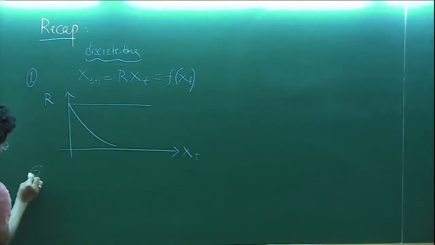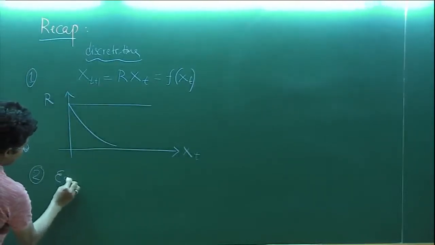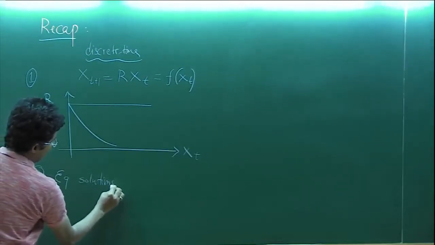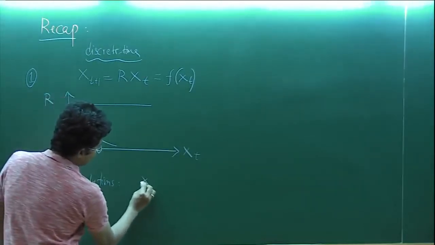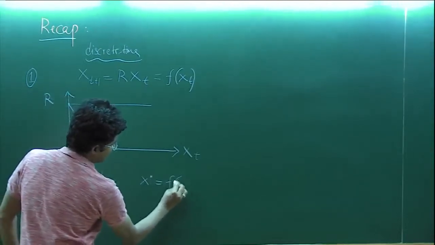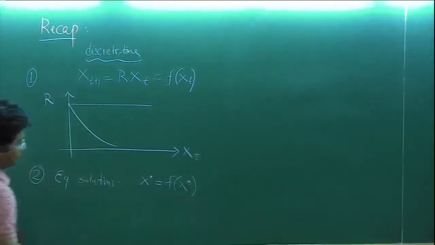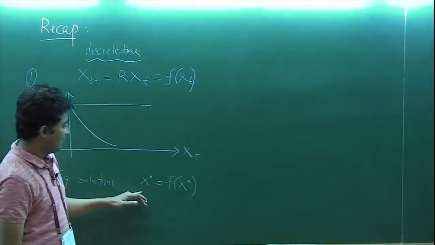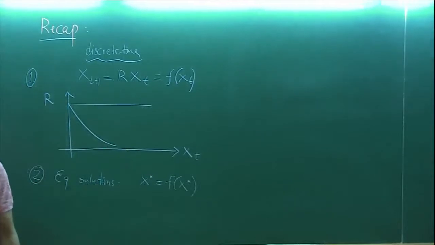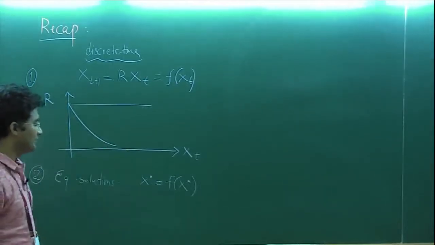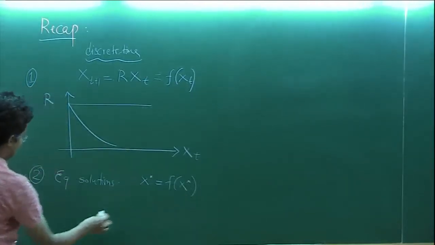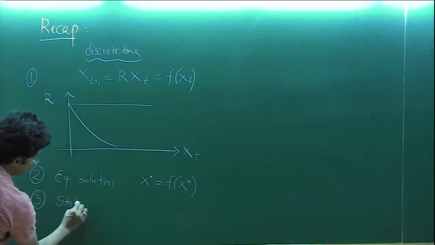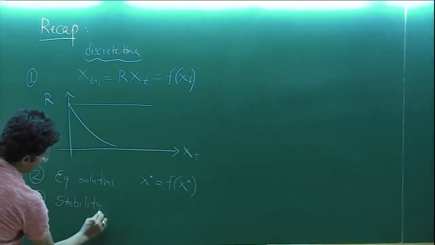Once we have developed the model, what do we do? We try to analyze the model and find the equilibrium solutions. These are populations at which the system doesn't change anymore. You find that by setting x_{t+1} equal to x_t, which is the same as solving this equation. You find all possible values of x star that satisfy this equation, and then you check which of those equilibrium solutions are stable.